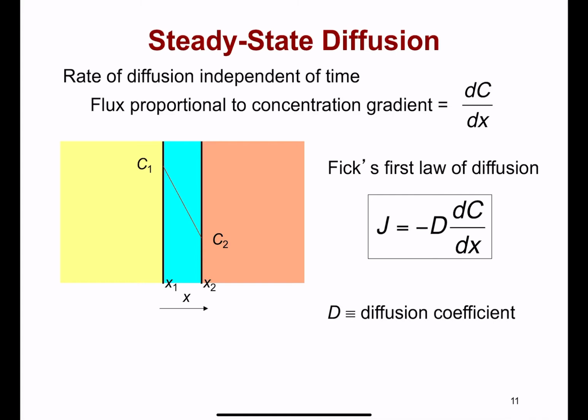Okay. So in the case of a steady state diffusion experiment, the flux will be proportional to the concentration gradient, and that is it. In this experiment, we could have, for example, coffee moving across the coffee filter, here's the coffee filter, into a receptacle where there is no coffee, so very low concentration.